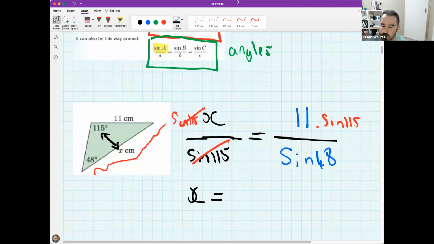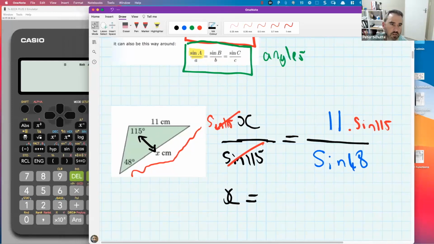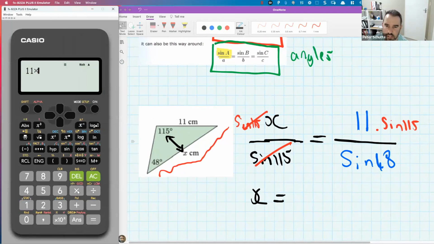So there seems to be a bit of a debate. Let's just make sure that we are all getting the same thing. I can also share my screen if it's helpful to show you the calculator at the same time. So what we should be getting is we go 11 times by the sine of 115. Actually, I probably would have put a fraction in first.